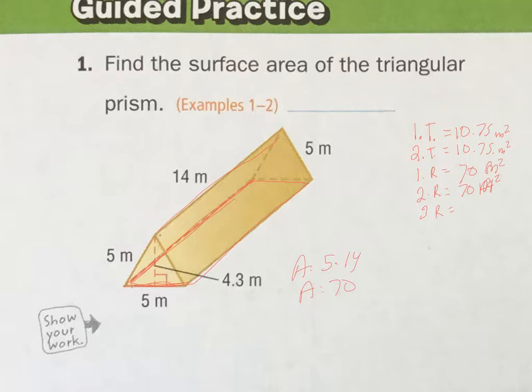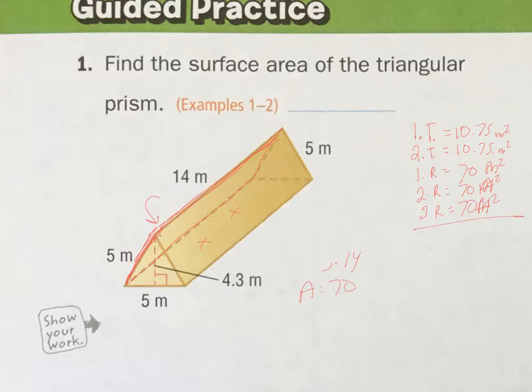All right, so now we've got this top one. We did this top one here. We did the bottom one. And now we have to go on this other side. And it looks like it's going to be here to here to here to here. And it looks like it's a 14 by 5. So in this case, it's all 14 by 5s. So that's 70 meters squared.